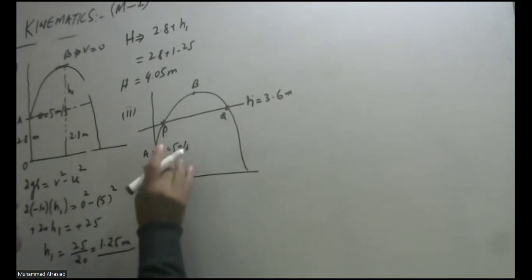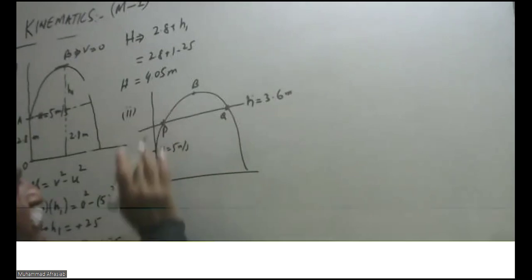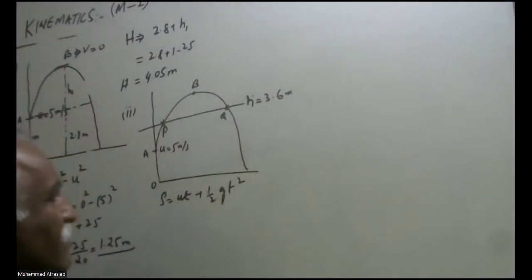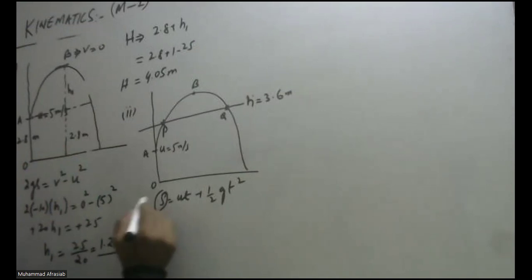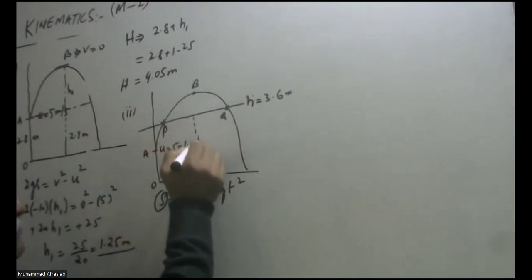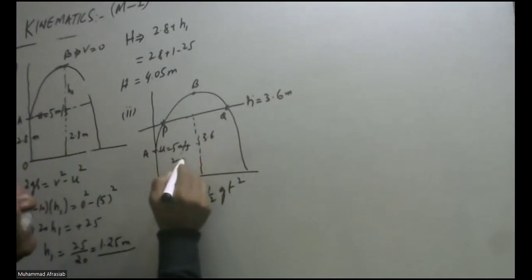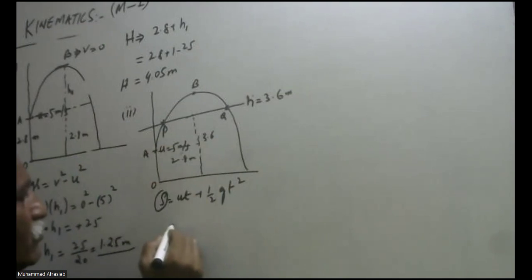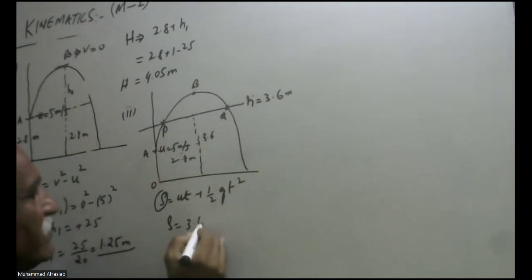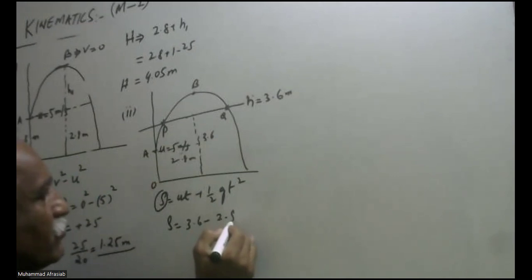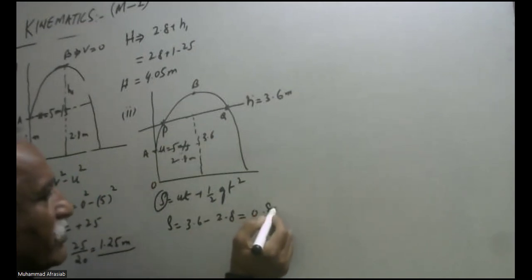So u is 5 meters per second. We don't know the value of velocity at the point P, but we can use another equation of motion, s equals ut plus half gt squared. For this, s is 3.6 minus 2.8, which is equal to 0.8 meters.